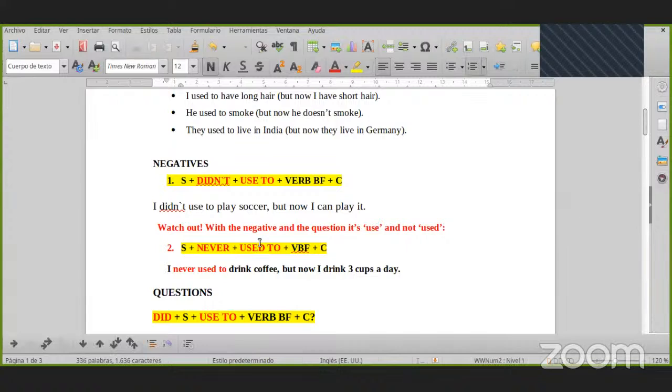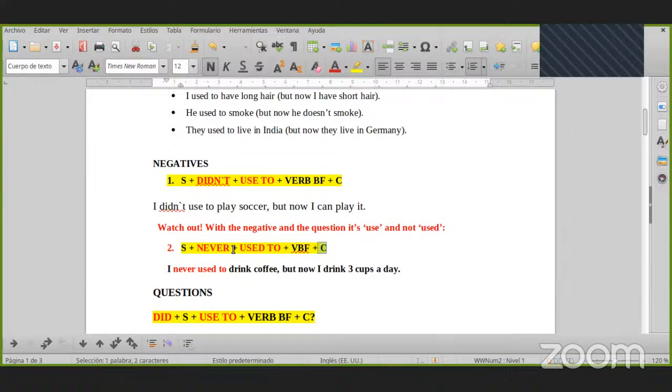The second way is that we're not going to use "didn't", we are going to use "never". Never used to. The verb in base form and the complement. So now: subject, never used to, verb in base form and complement.